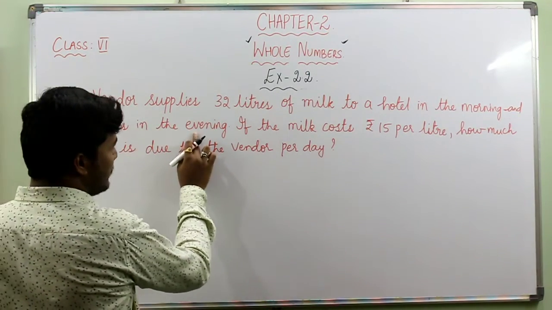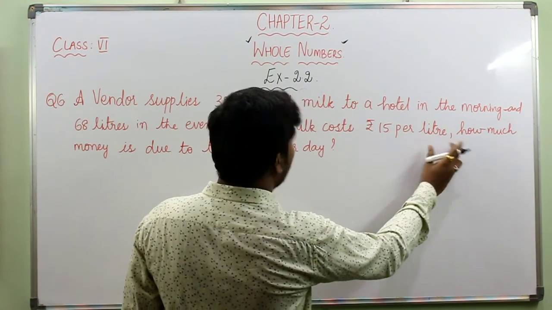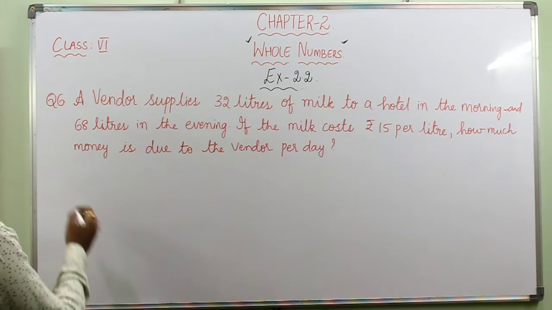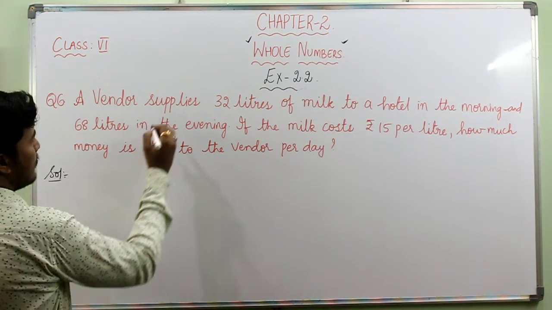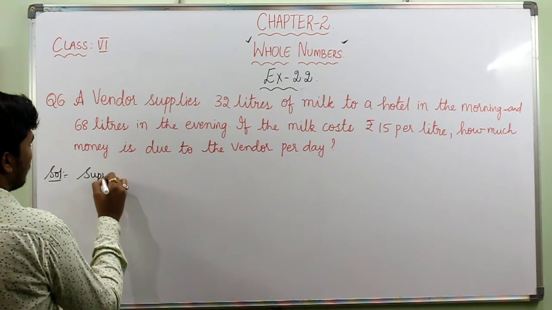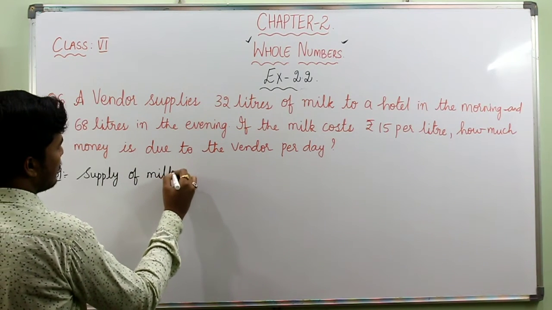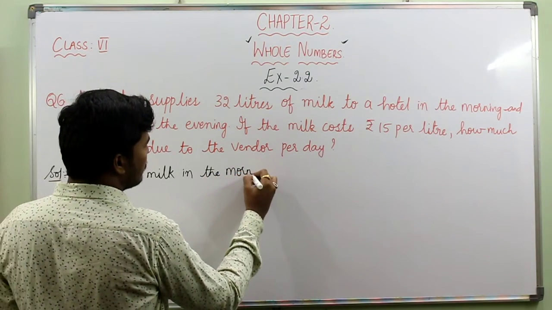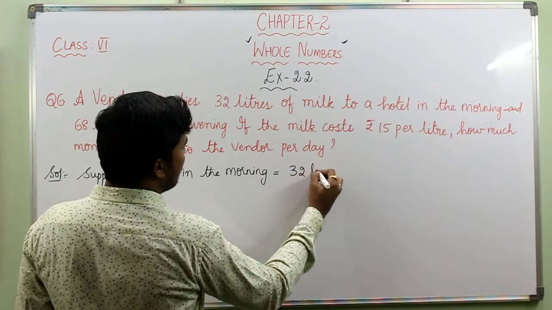The next problem is: a vendor supplies 32 liters of milk to a hotel in the morning and 68 liters in the evening. If the milk costs rupees 15 per liter, how much money is due to the vendor per day? Okay, so what we can write is supply of milk to a hotel in the morning is equal to 32 liters.